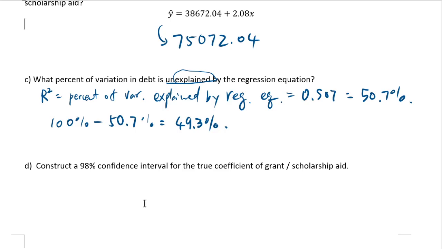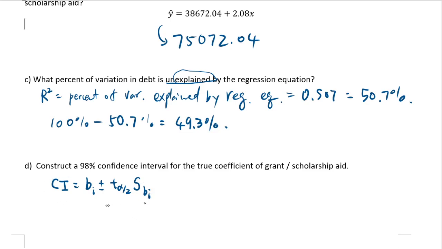Okay, now construct a 98% confidence interval for the true coefficient of grant scholarship aid. The confidence interval for the coefficient is given as b1 plus or minus t alpha over 2 times the standard error of that coefficient.